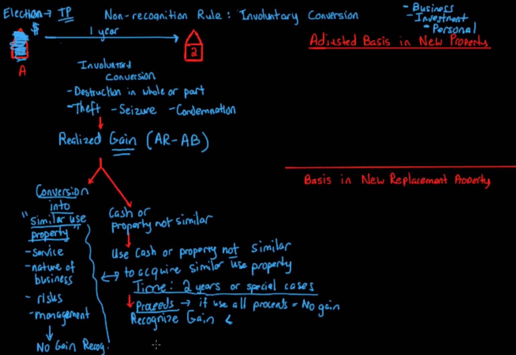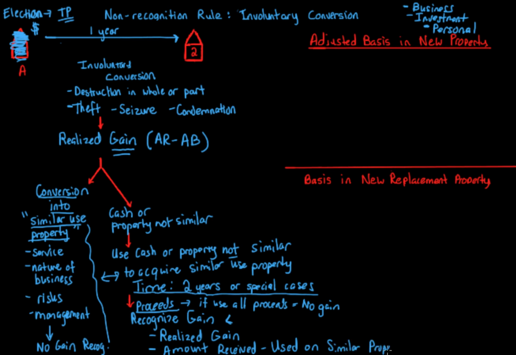We recognize the gain to the lesser of the realized gain or the amount of proceeds received, so we'll just say amount received, minus the actual proceeds used on the similar property. On the similar property. Okay?